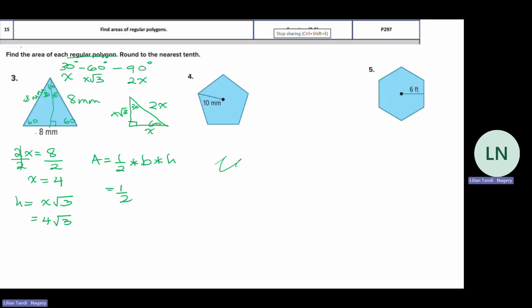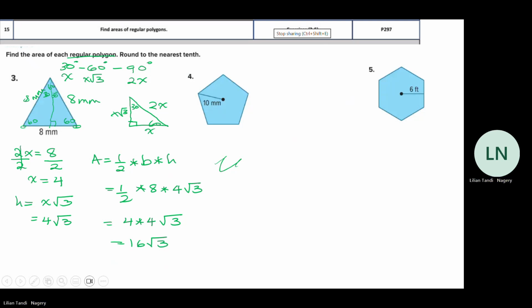Half, my base is 8 from here to here. So that is 8. And my height is 4 square root of 3, which is, are we rounding? Yes. So this will be 4 times 4 square root of 3, which is 16 square root of 3.